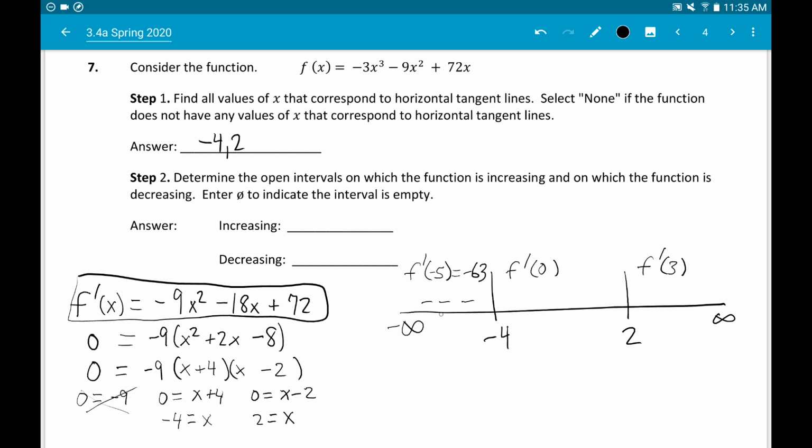So this is negative, so this is a decreasing interval. When I plug in 0, I'm going to get 72. Okay, that's positive, so that's an increasing interval. And then over here, if we plug in 3, let's see, that's going to be also -63. Okay, so this one's also negative, so that's also a decreasing interval.